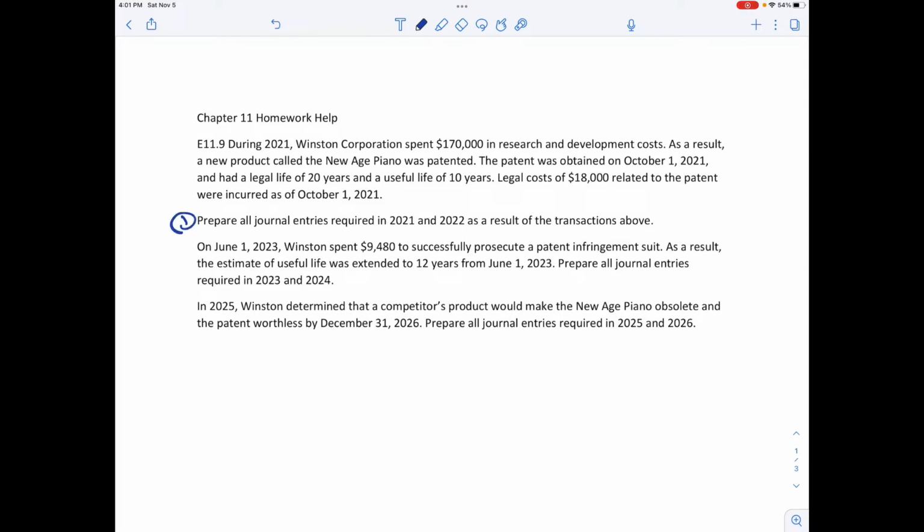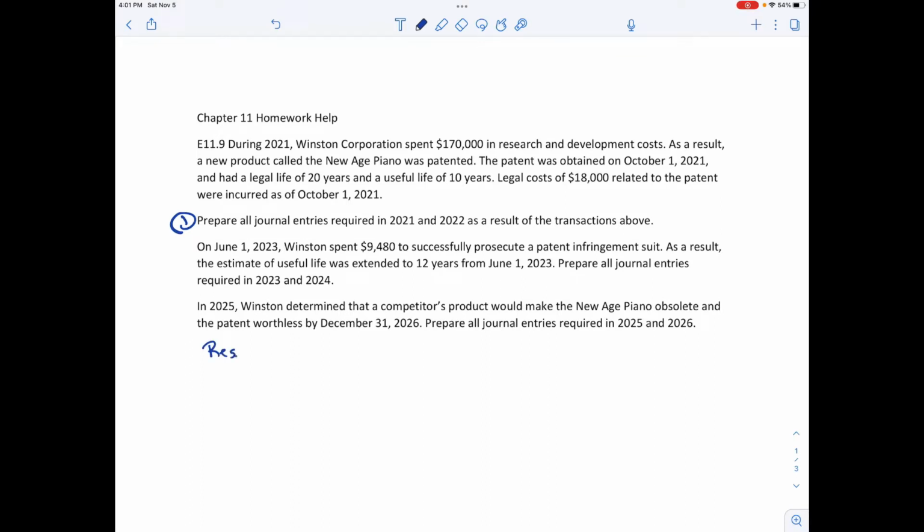So the first thing we want to do is prepare the journal entries for both 2021 and 2022, where we spent $170,000 in research and development costs. Let's start there. We need to record first that piece of it, and that's just an expense.